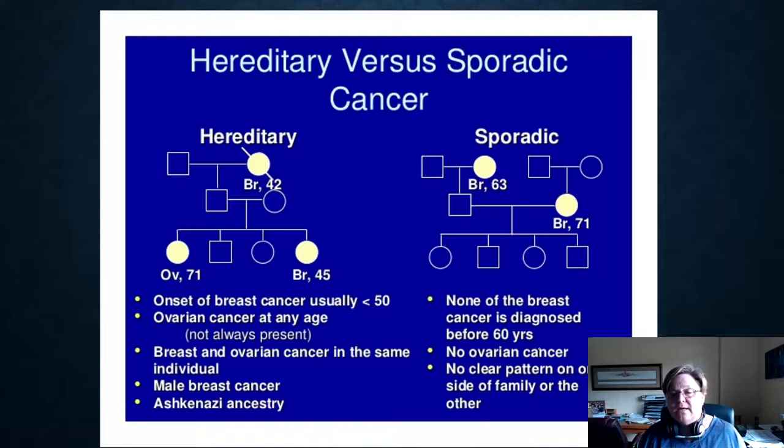So when we're talking about whether cancer is hereditary or whether it's sporadic, you might have heard, it's been a few years, but we've had a couple of different movie stars who had a gene for breast cancer, and that's the BR gene that we'll talk about later on.